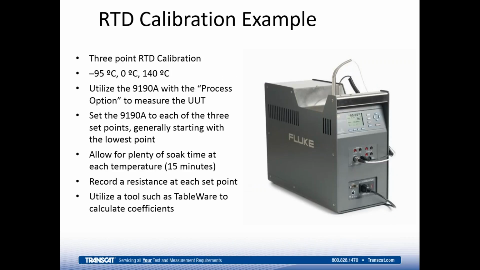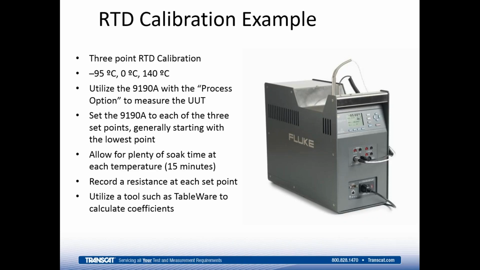Now, I said I would talk about an example. Let's take, for example, the 9190. We're going to try to do a 3-point calibration from -95 to 140. In this case, I could actually set up an automated calibration with the 9190A.